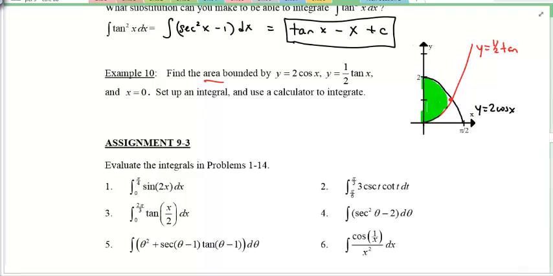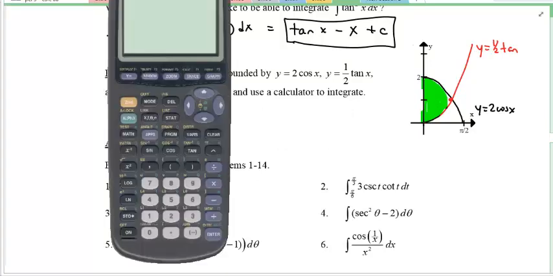So I'll need my calculator. You should bring out yours too. Remember, you should always be in radian mode. Radian mode. Good. Time to graph. I'll put in 2 cos x, and 1/2 tangent x.